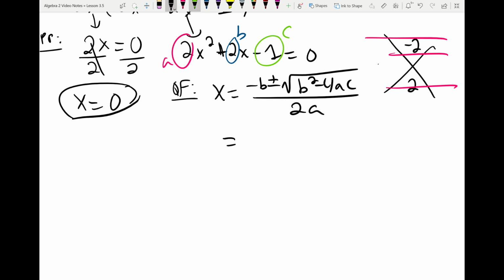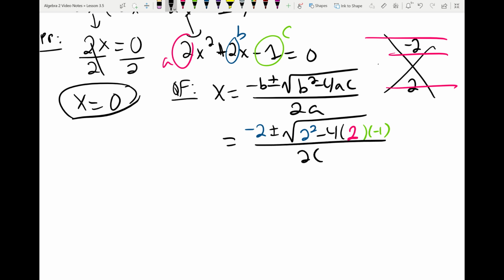So we have here negative b plus or minus square root of b squared minus 4 times a times c, a is 2, all over 2 times a.